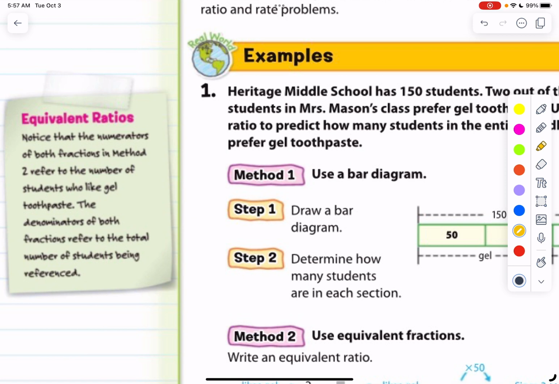The denominators of both fractions refer to the total number of students being referenced. So we call that a ratio that compares the part to the total or the whole, part to whole, okay? Sometimes you might compare part to part. So pay attention to that. What is the problem asking you for? Are you comparing a part to the total number, or are you comparing a part to a part?